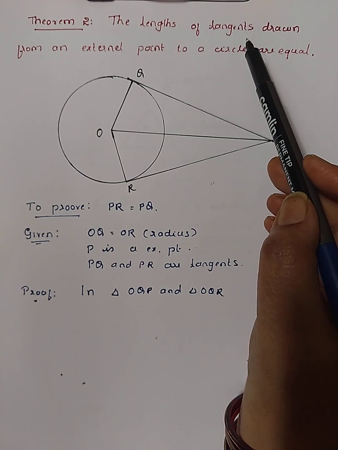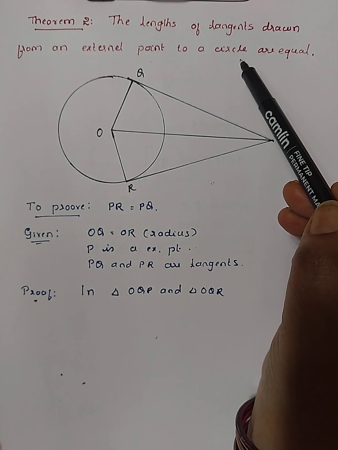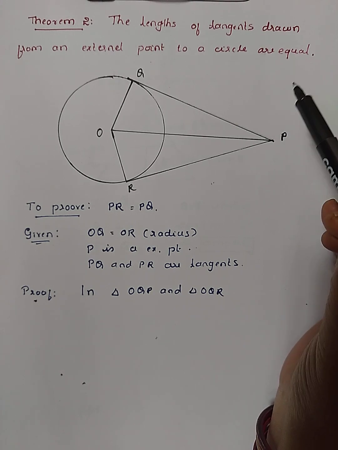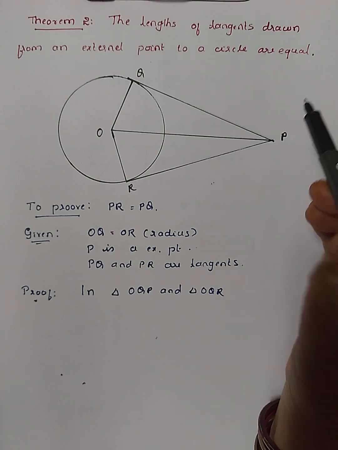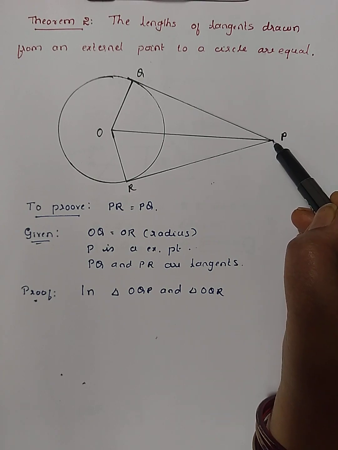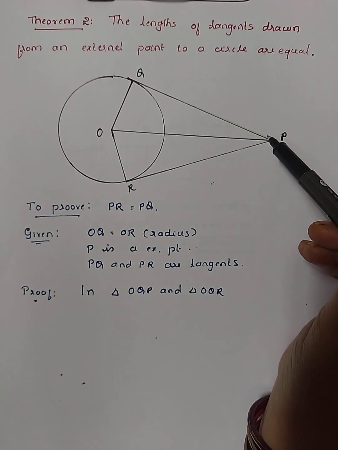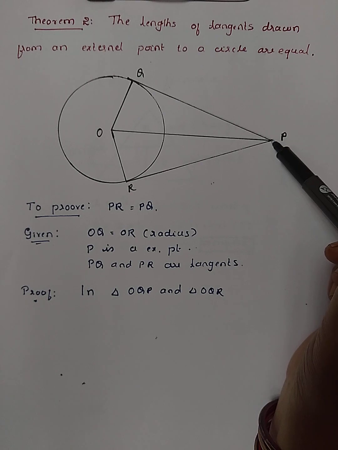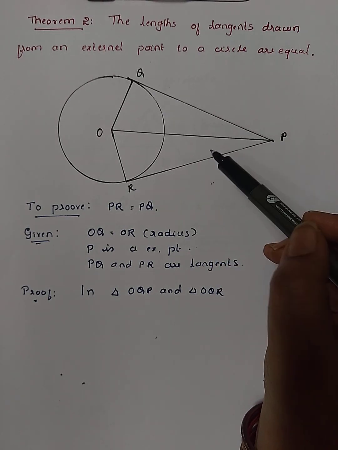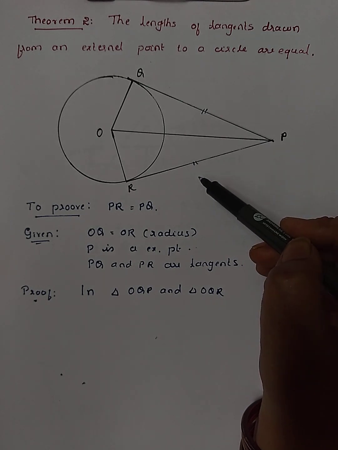So these are the statements about tangents to circles, and based on this there is one important theorem, that is the lengths of the tangents drawn from an external point to a circle are equal. So this is also an important theorem. The statement states that if P is a point outside the circle and tangents PQ and PR are drawn to the circle, we have to prove PQ equal to PR.